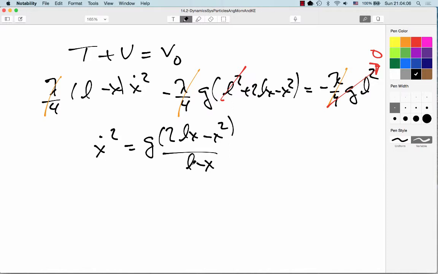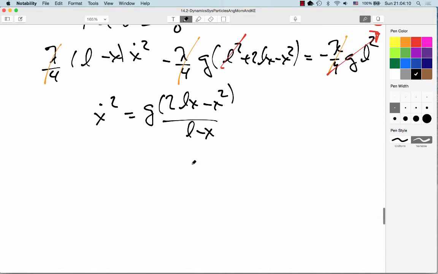Alrighty. And I can go ahead and differentiate this with respect to time. So then this will become 2x dot times x double dot.